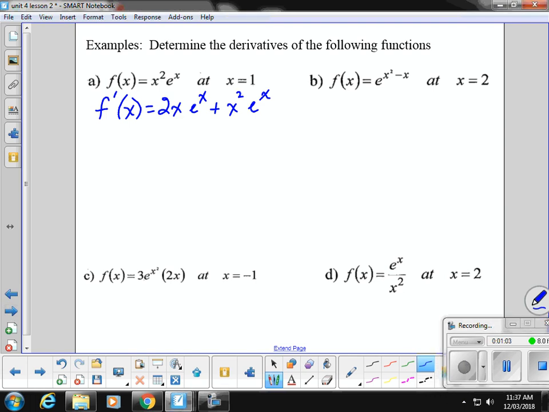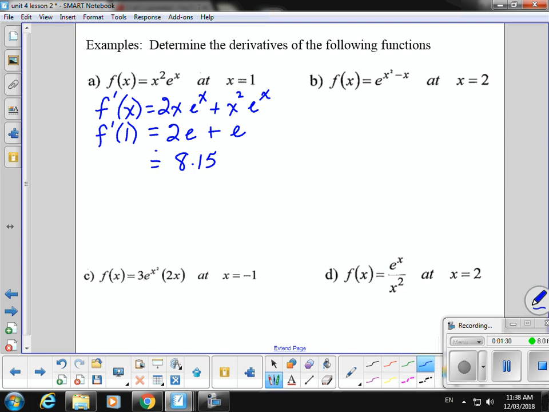That is my derivative. I want to know the value of the derivative at x equals 1. So I have 2e plus another e. And I need a calculator for that. I get approximately 8.15.